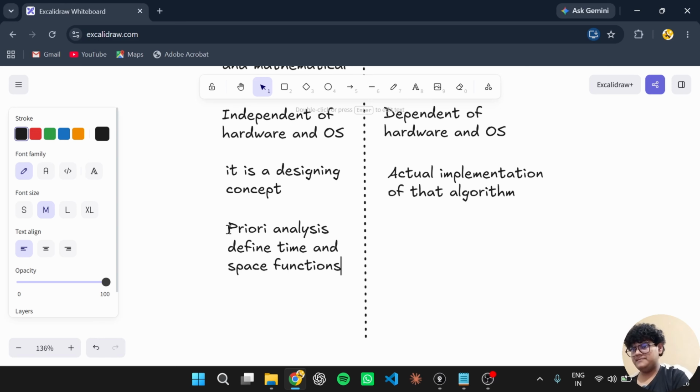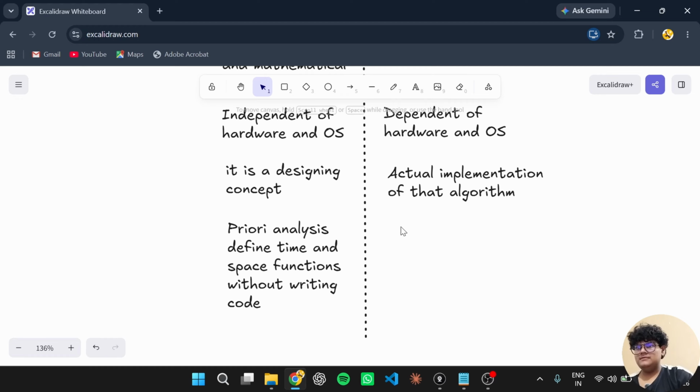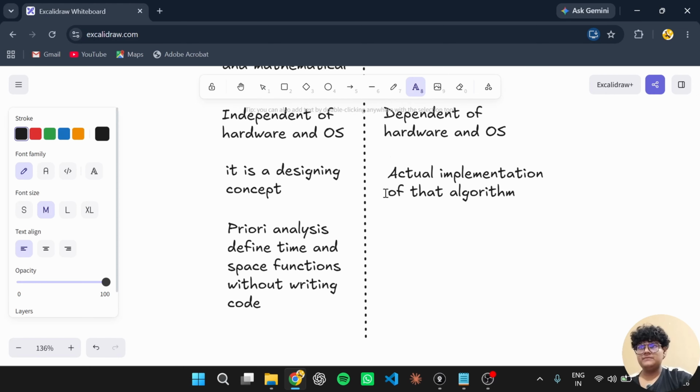And we evaluate a program with the help of posteriori analysis. Posteriori analysis calculates the exact execution time in milliseconds and physical space in bytes on a hardware.